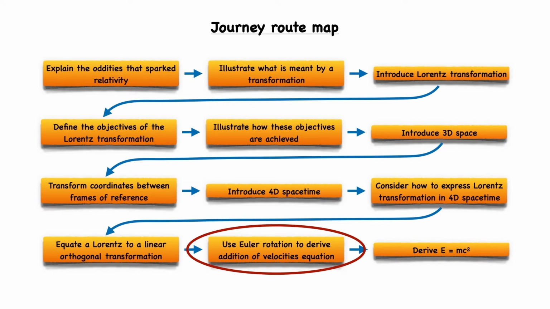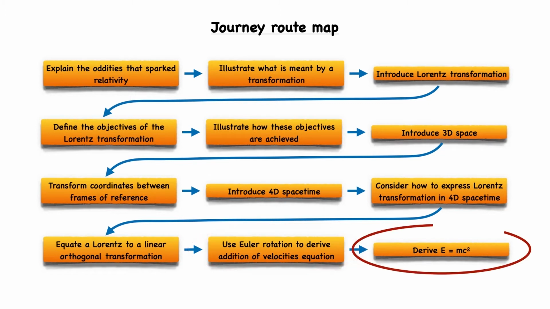As a result, we give legitimacy to our new 4-dimensional model of the universe. Finally, with all that groundwork done, we take the last big step and derive that equation E=mc². I'll be referring back to this route map at appropriate points so you can see where we are in the bigger picture.